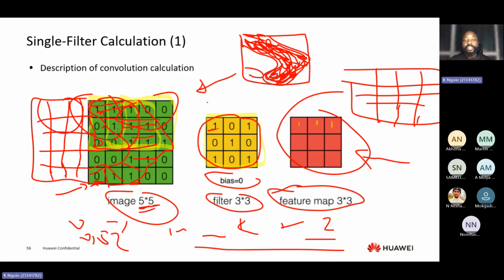That means we're going to have 1 plus 0, and then here plus 1.